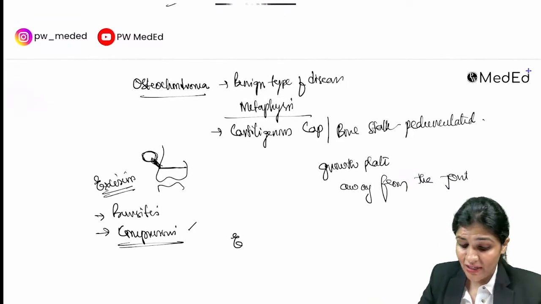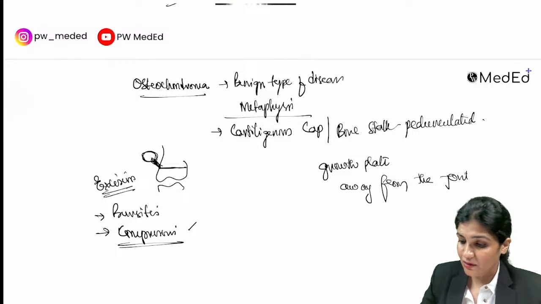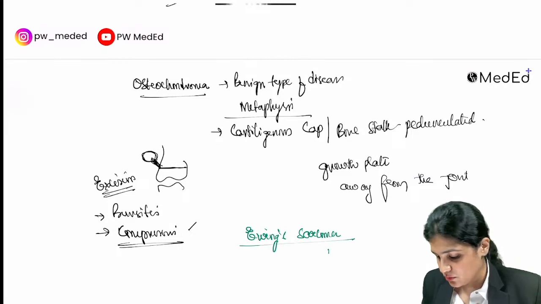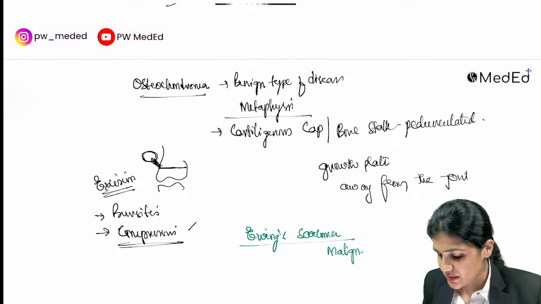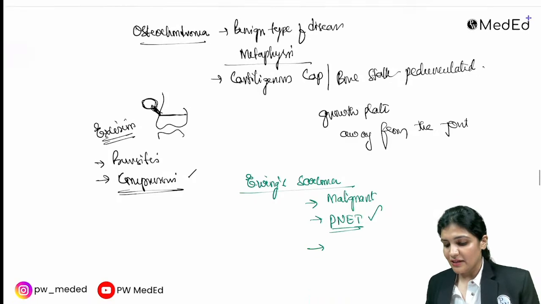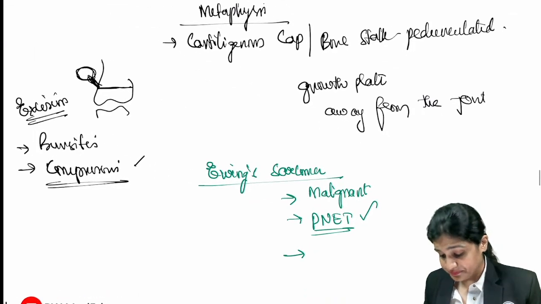Then coming to Ewing's sarcoma. So what is Ewing's sarcoma? Ewing's sarcoma is a malignant disease, where it arises from the neuroectodermal cells, right?